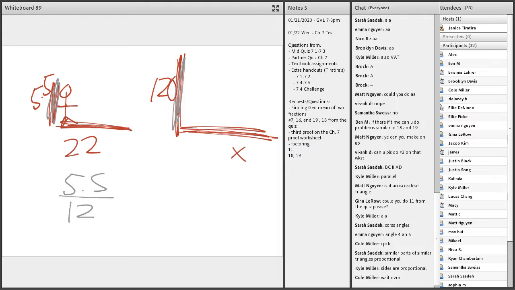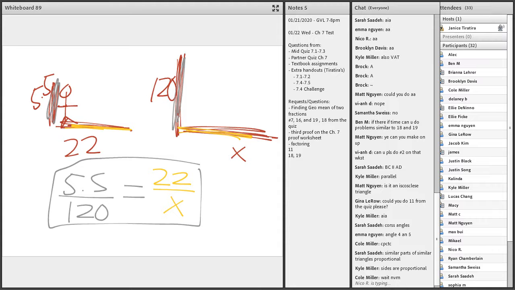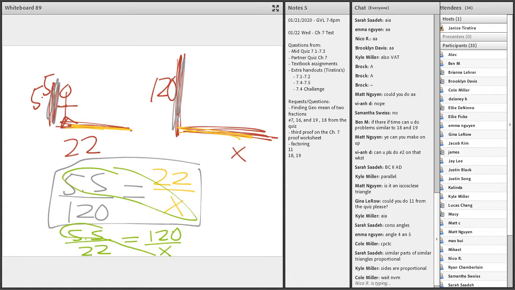So that's your one ratio. And then your second ratio would be the shadows, 22 over x. Now, you could do it a totally different way. This is the most common way, but some people are pretty creative and it's still correct. So you could also do 5.5 over 22 equals 120 over x, because look at your cross products. It's still the same. So they're both okay.